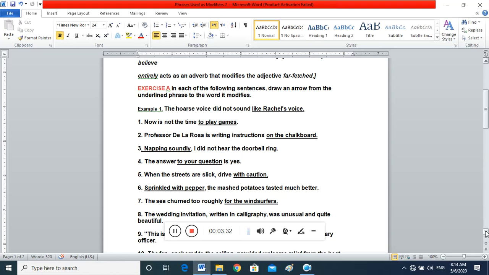Now is not the time to play games. We have an infinitive phrase, to play games. To play games describes what? The word time. And time here is a noun. So, draw the arrow from to play games to the word time. And it's an adjective.